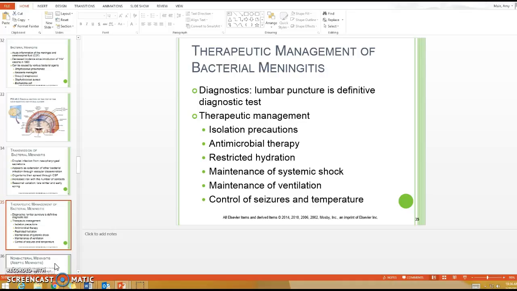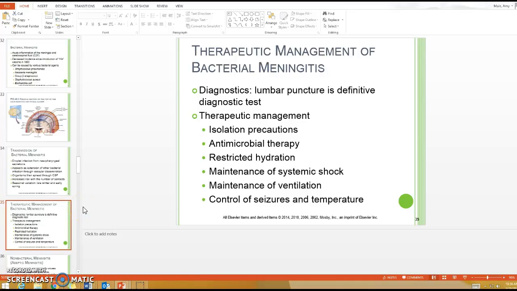This means you put on your gown, your gloves, your mask, and if you're going to be close enough, you would wear goggles, because if they cough or sneeze, those droplets can get into your mucous membranes and into your eyes. So you want to make sure that you are protecting yourself and anyone else that is around. With that being said, it is not airborne, but it is droplet.